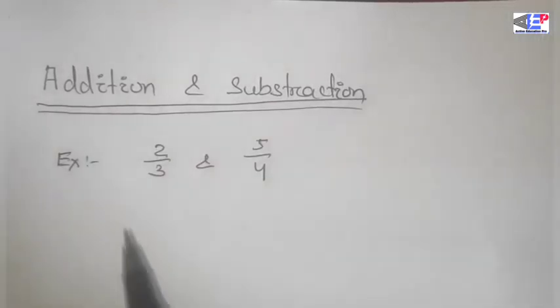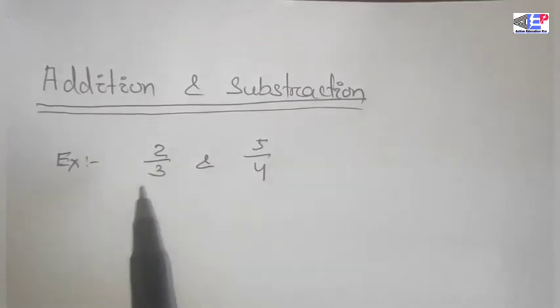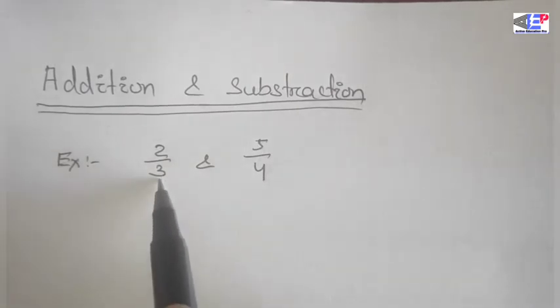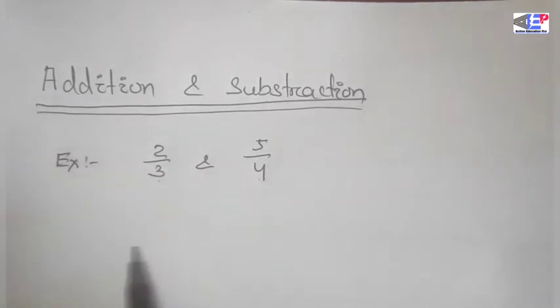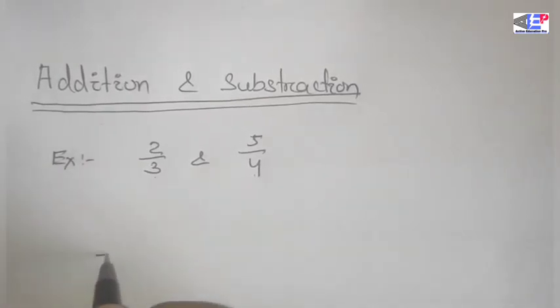The first example is add 2 by 3 and 5 by 4. In these two rational numbers, the first denominator is 3 and in the second rational number the denominator is 4. So both denominators are different from each other. First take the LCM of the denominators, 3 and 4.